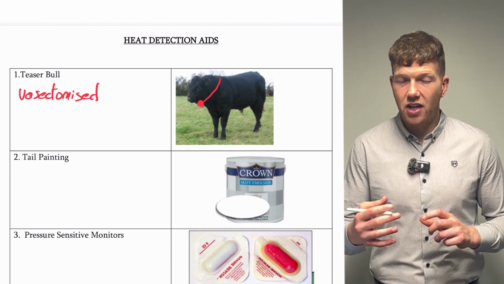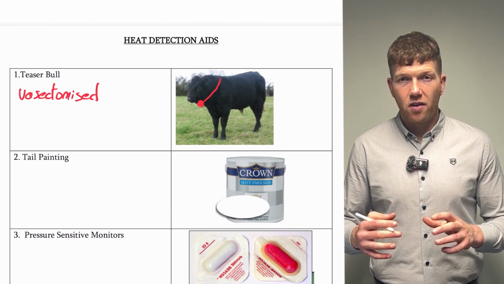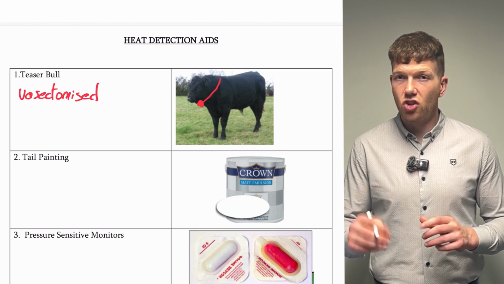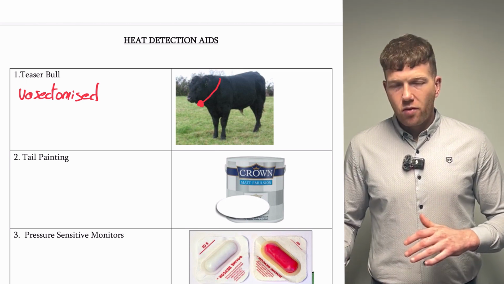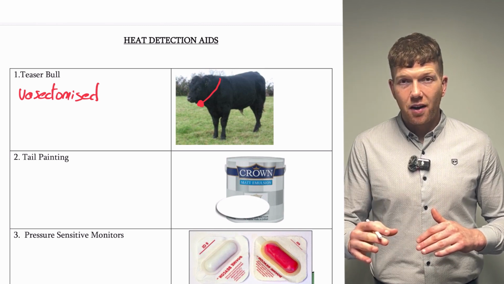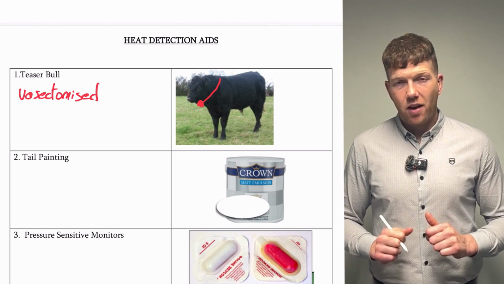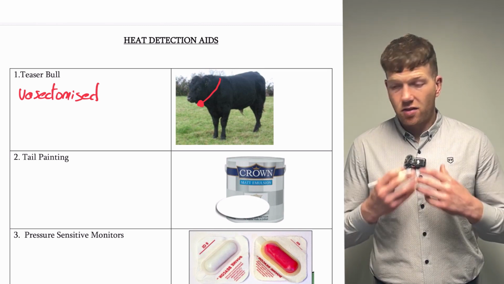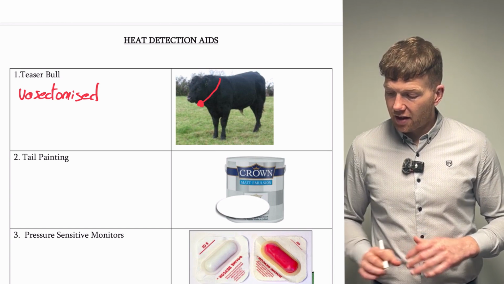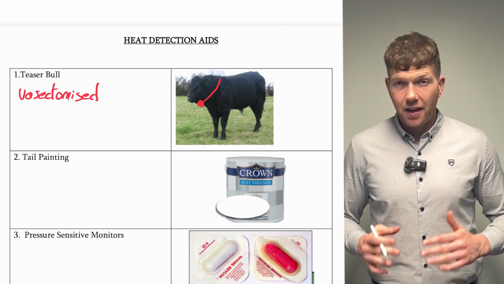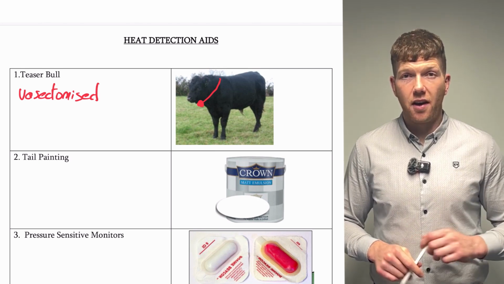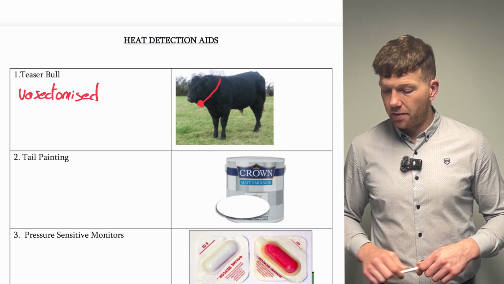So yes, he can have an ejaculation, he can mount the other cows, but there's no sperm being released, just seminal fluid. So what that means is when he mounts one of the cows, he leaves a mark on them because of the chin ball. And what that means is it's kind of harnessed. You can see where it's harnessed around in that diagram. But what that means is he will leave a mark, and then you know the AI. That's a teaser bull or a vasectomized bull.